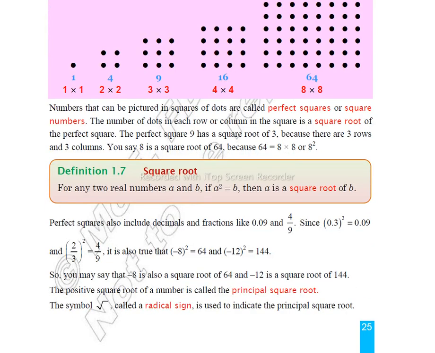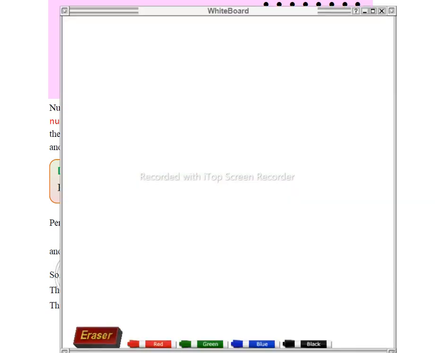For any two real numbers a and b, if a squared is equal to b, then a is a square root of b. This means, for example, a times a is equal to b.